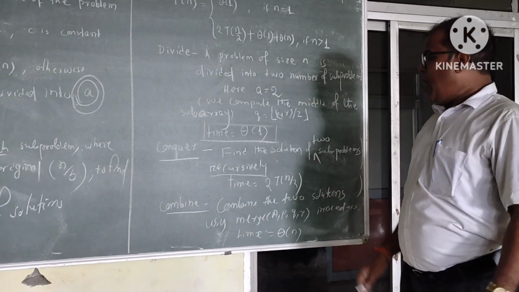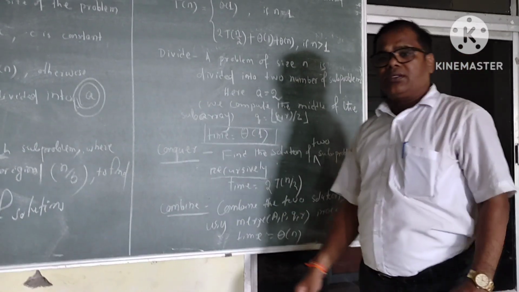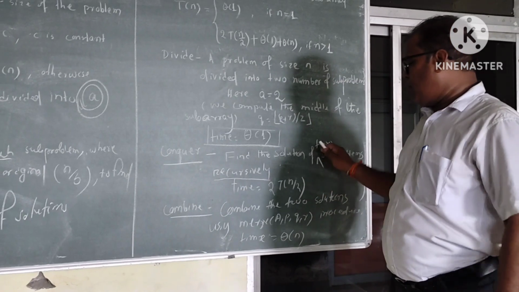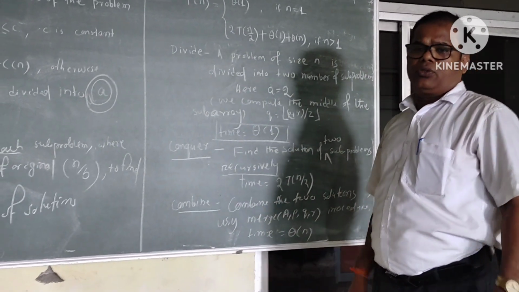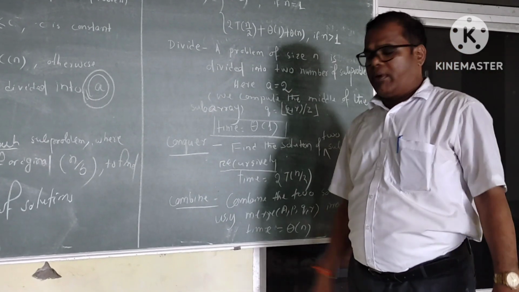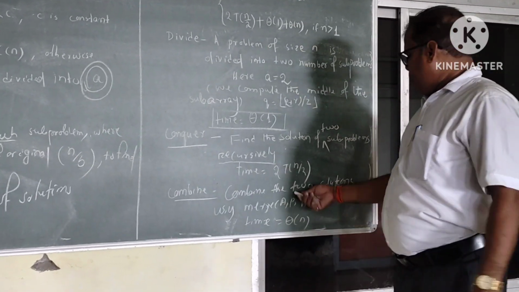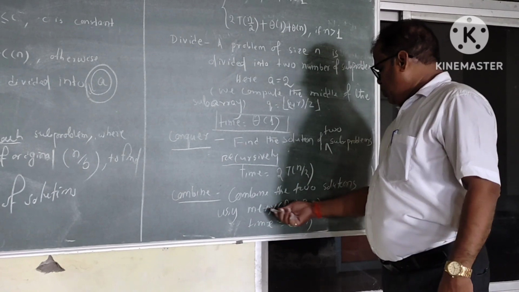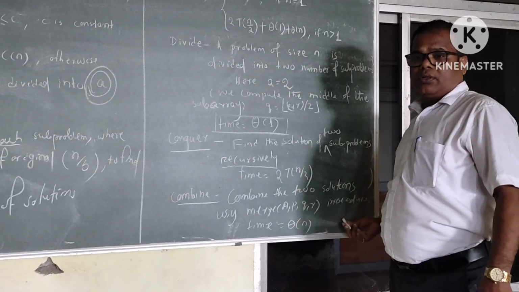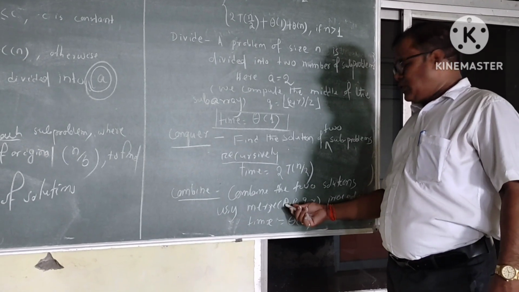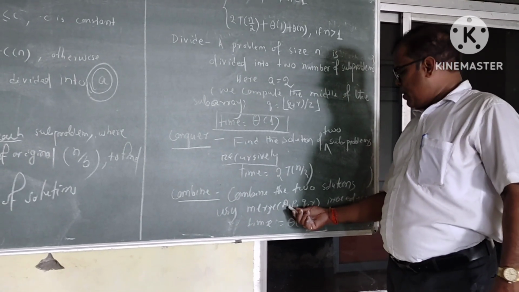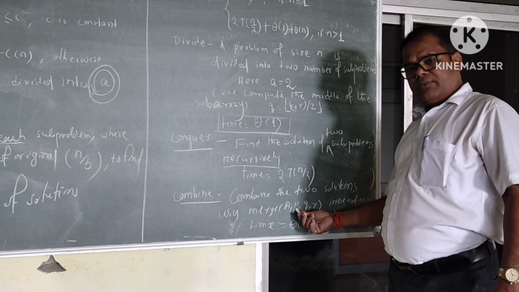Now the most important fact: once we find the solution of each sub-problem, we are going to combine the solutions to find the solution of the problem. So we combine the 2 solutions using the merge procedure. Merge has 4 parameters. A is the array of the problem. P is the begin index of the subarray.